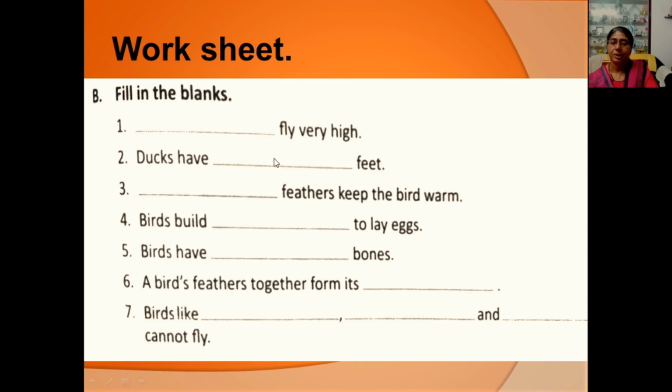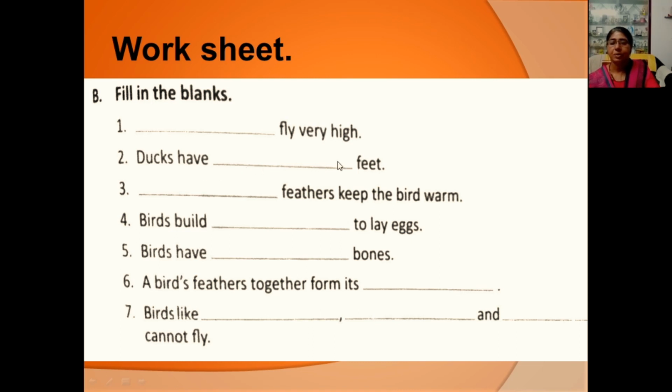Ducks can fly and swim, but penguin can only swim. There are some birds that cannot fly: ostrich and emu.